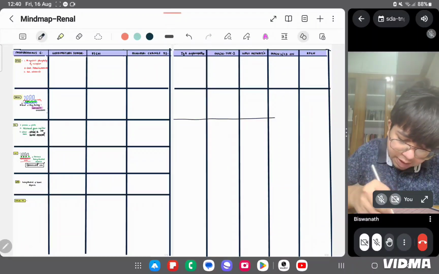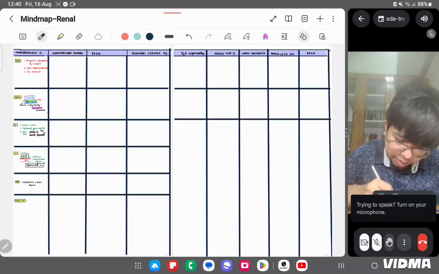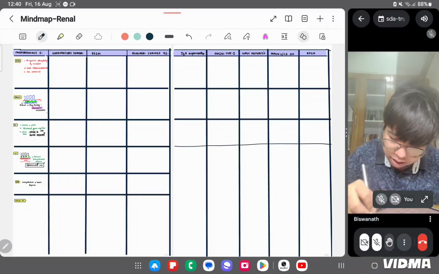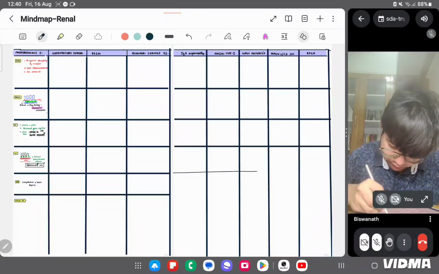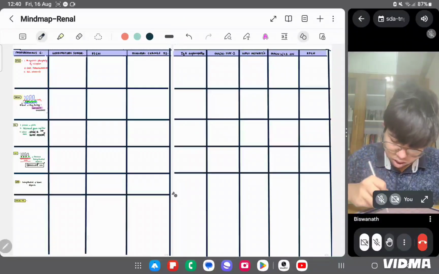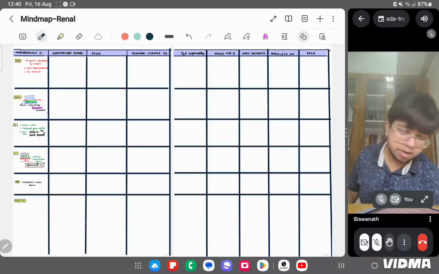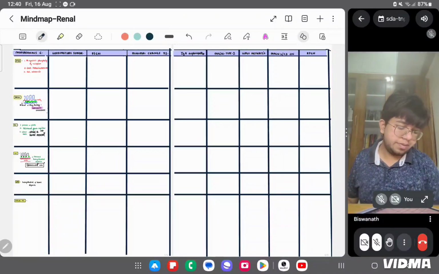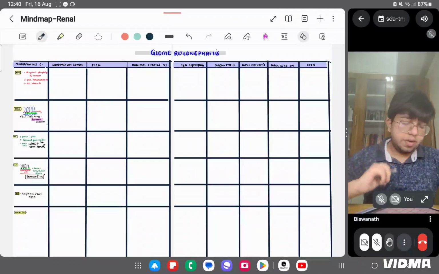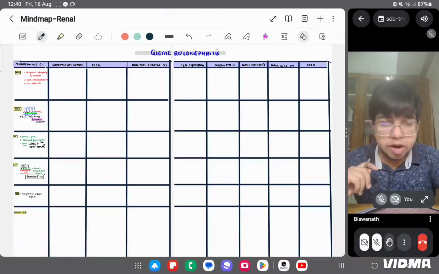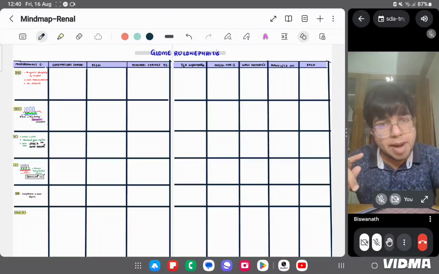I will suggest you all to make the table as it is in your copy itself, so that it will be easy for you to revise. Okay, done. So we finished our membranous glomerulonephritis, and then we'll go to Goodpasture syndrome.